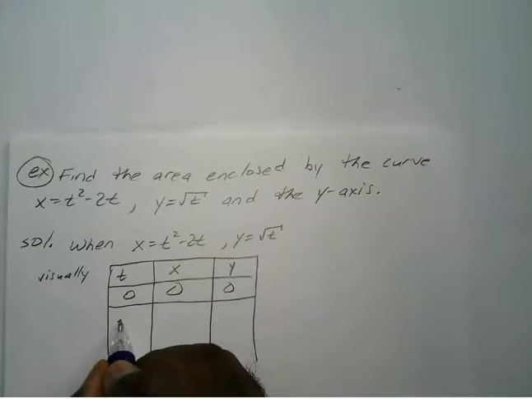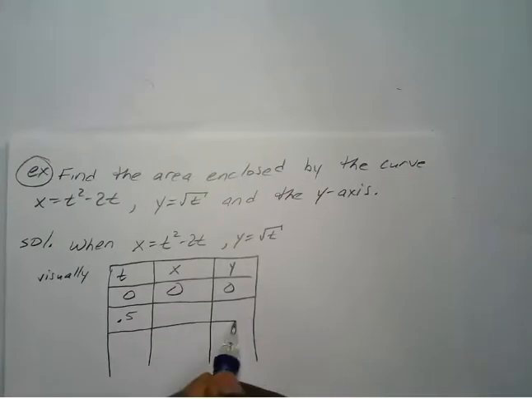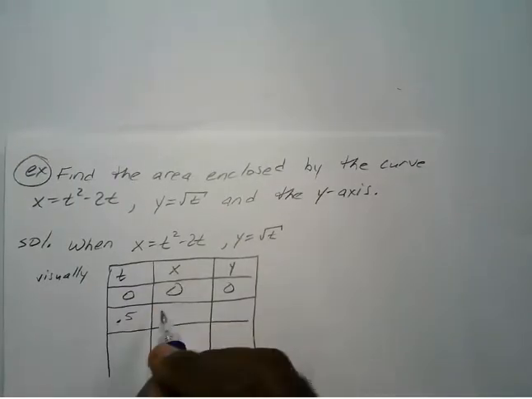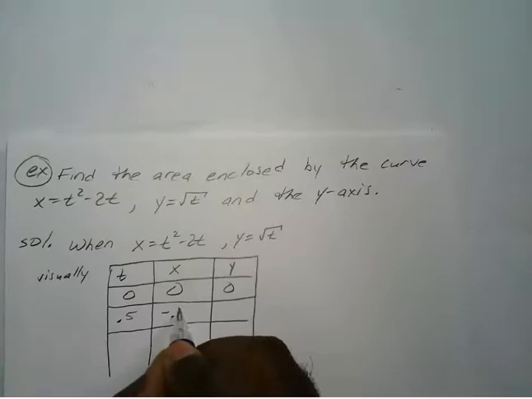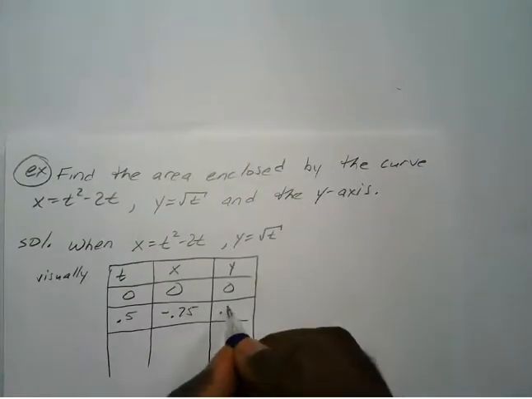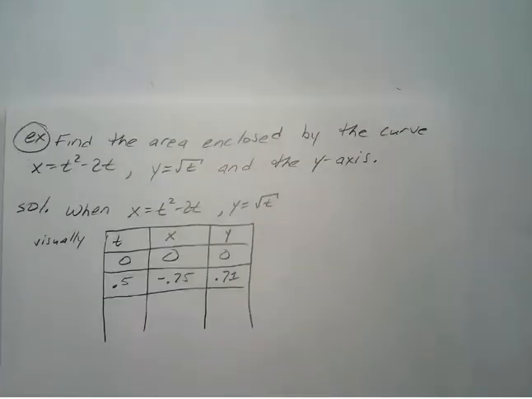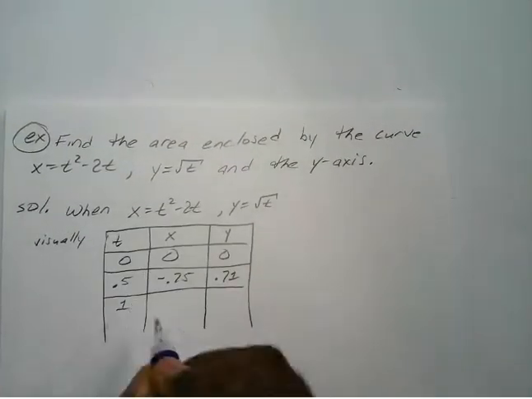What about when t equals 0.5? You plug that into your calculator, x will equal negative 0.75, and y will equal positive 0.71. What about when t equals 1?